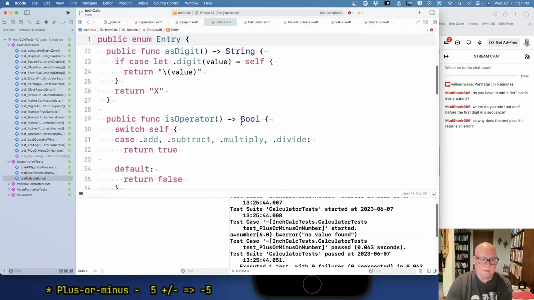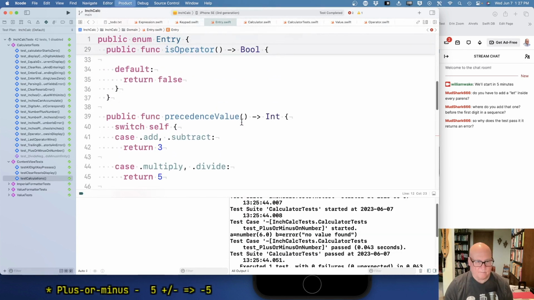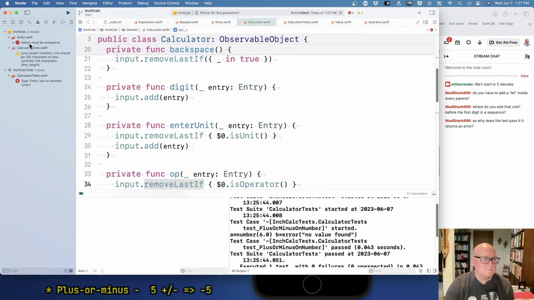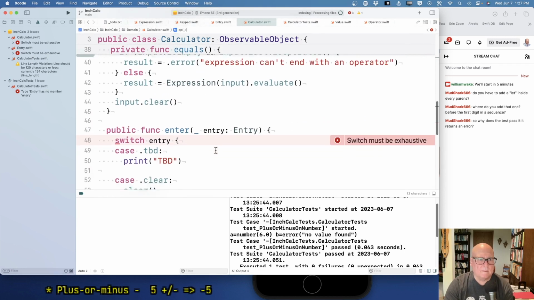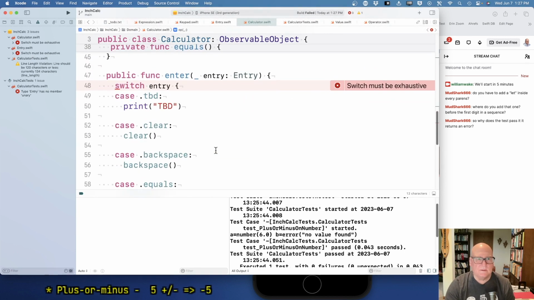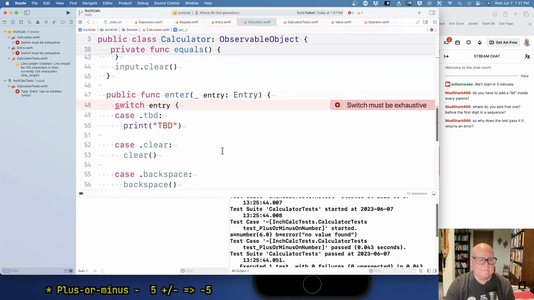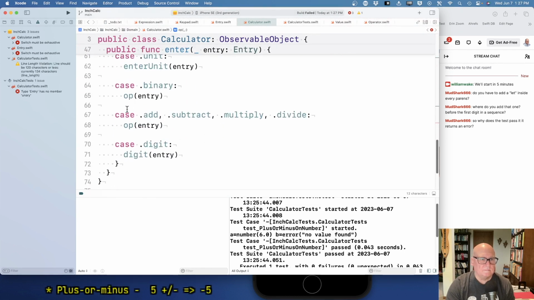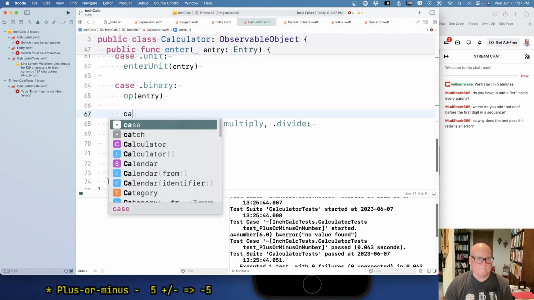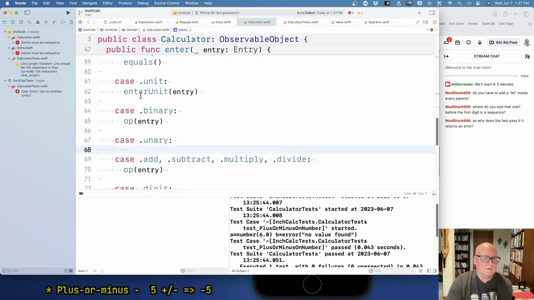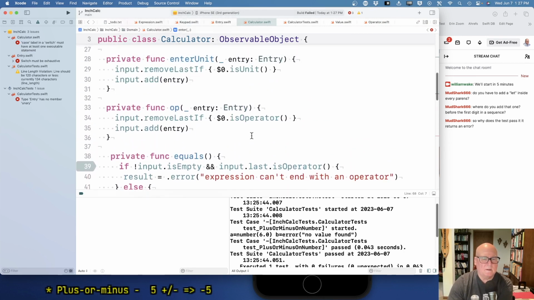Okay, now people should be complaining. Okay, there's unary on enter. What does op do? Removes that. Okay, we don't want to do that part.